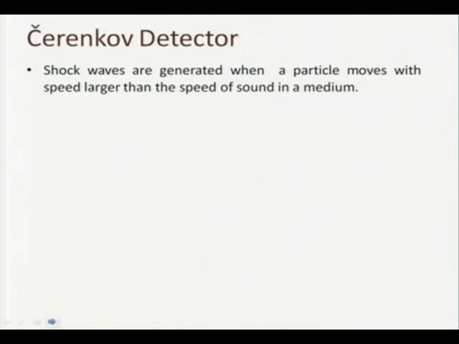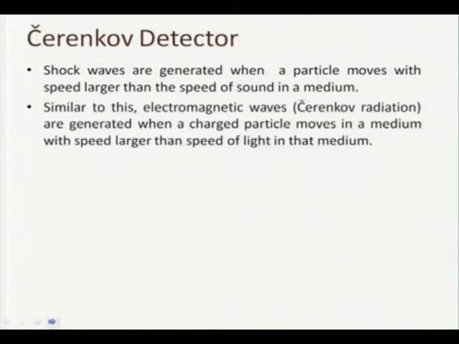Another type of detector is called a Cherenkov detector. This is very similar to mechanical shock waves, generated when particles move faster than the speed of sound in a medium. Similarly, electromagnetic shock waves, we can call it, are generated when a charged particle moves in a medium with speed larger than the speed of light in that medium, of course.